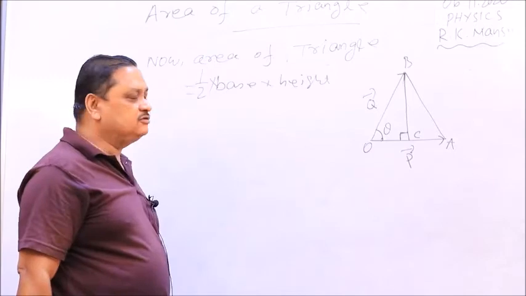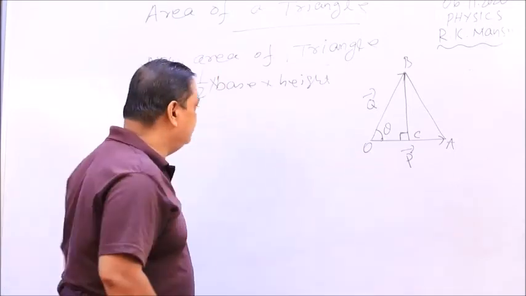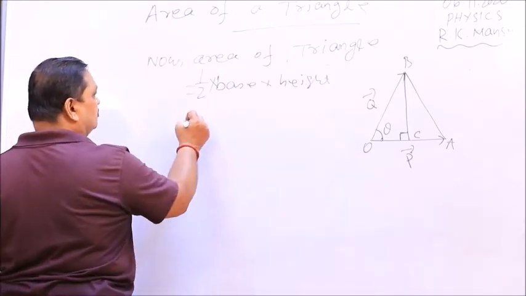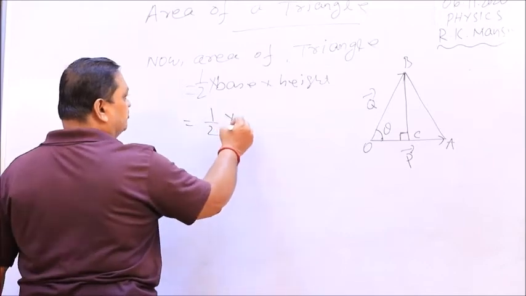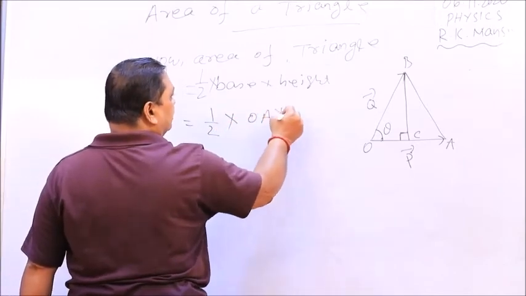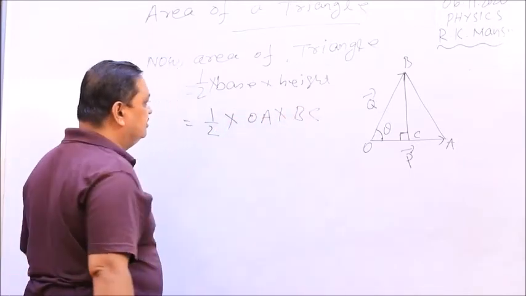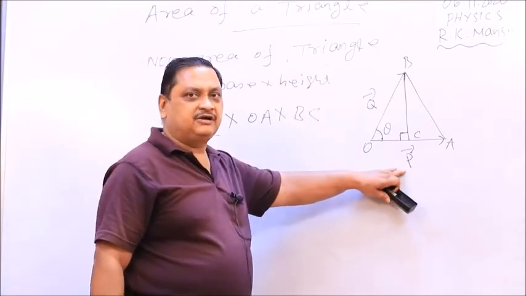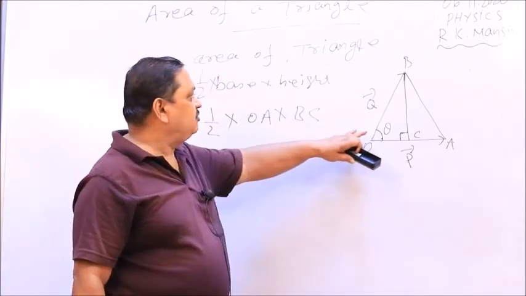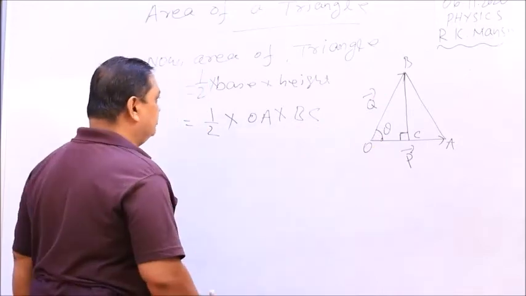Now we have to find out the area of triangle OAB equal to half base into height, where base is OA and height is BC. Base OA is given, vector P, but we have to find out the value of height BC.